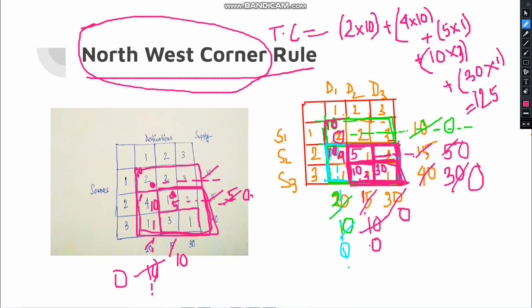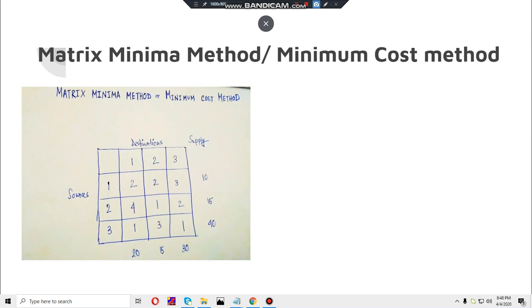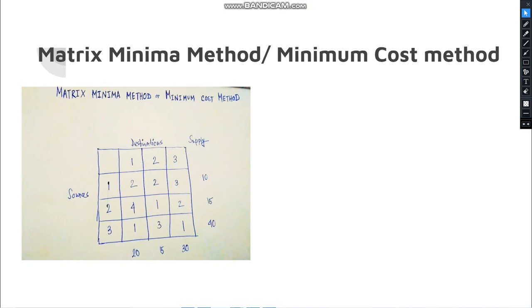Now this is the part which is left, so now you have to allocate 10 here. I hope you have easily understood how you find the initial basic feasible solution using the northwest corner rule. You just find the northwest corners and go on allocating.